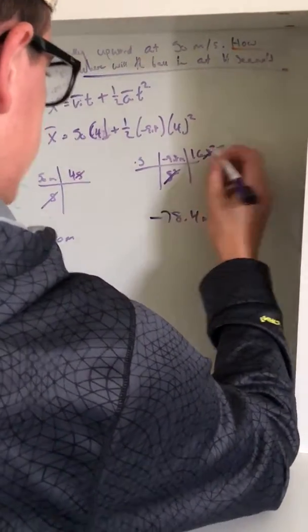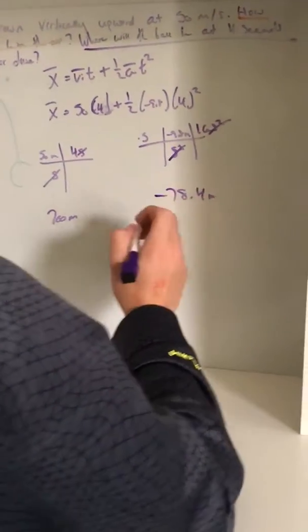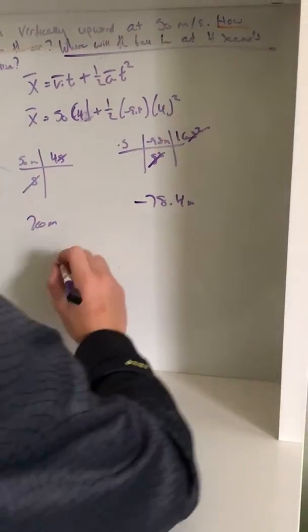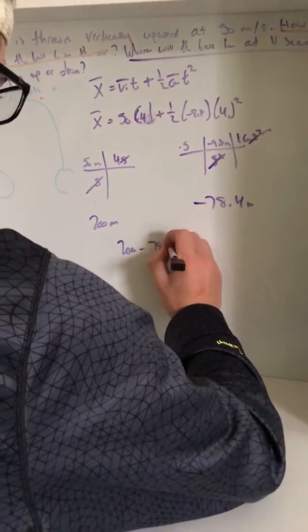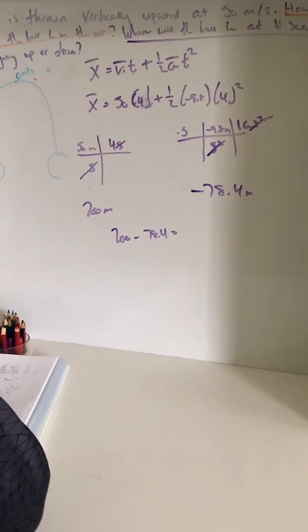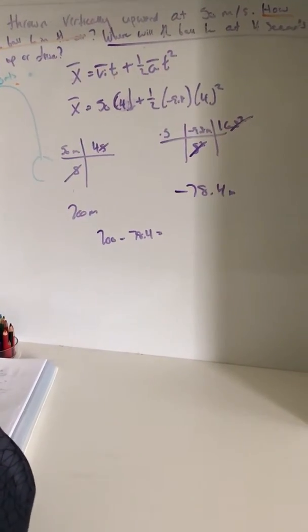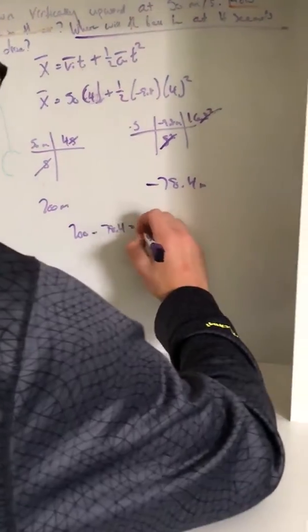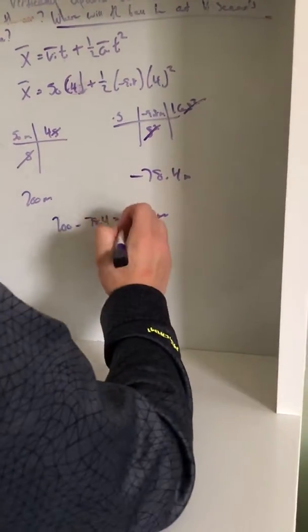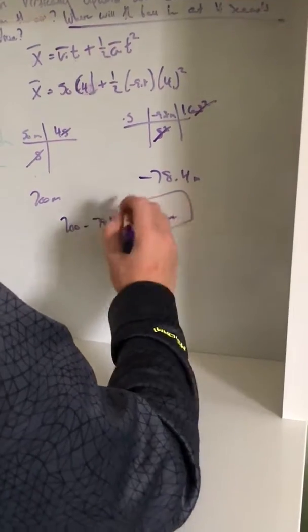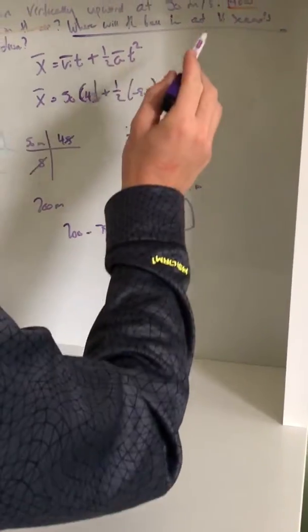Because seconds squared cancel out and you're just left with meters, which is what you want because we're dealing with displacement. So then that is going to be 200 minus 78.4 equals 121.6 meters. And that 121.6 meters is where you are going to be at in 4 seconds.